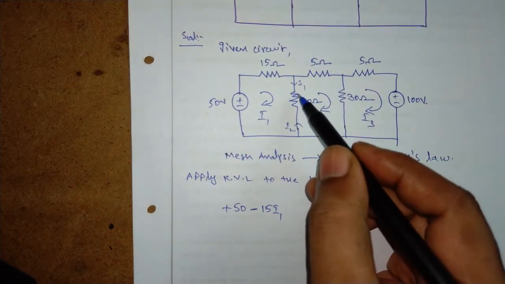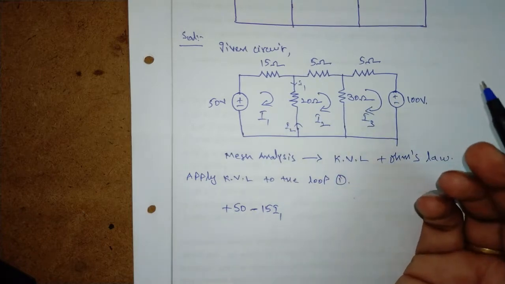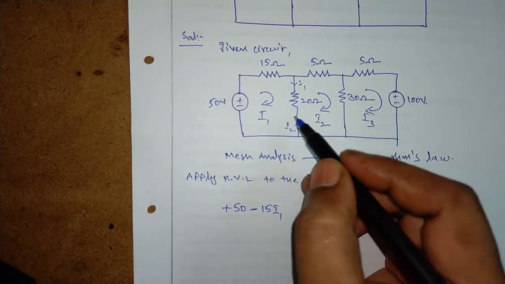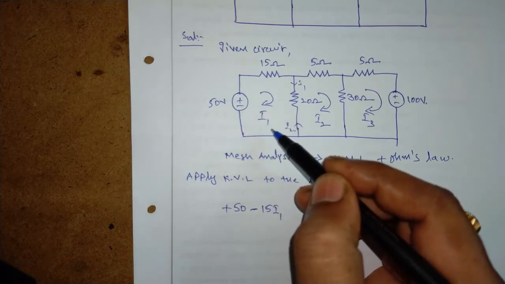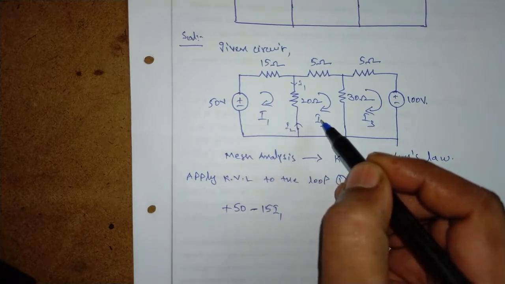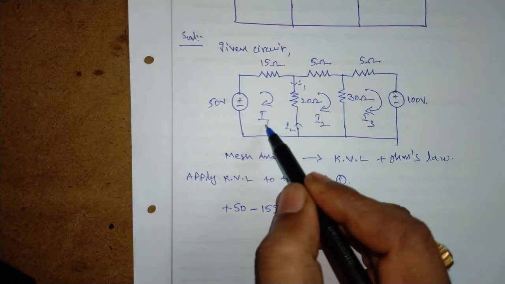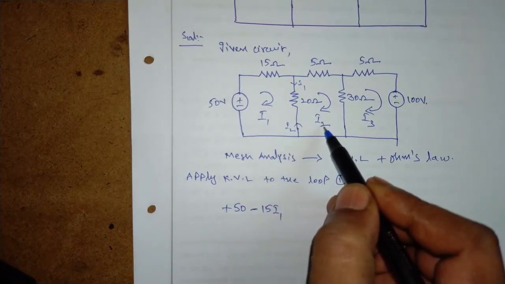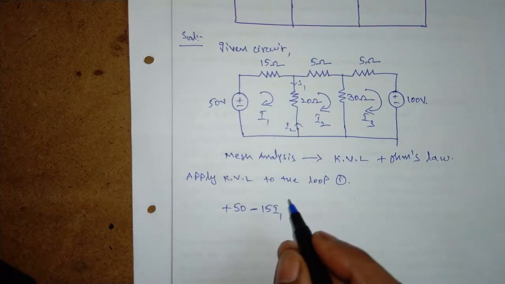Then the resultant current passing through this 20 ohms resistance is nothing but the difference. But here we write the equation for the first loop. So we consider the first loop current is greater than all other loop currents. Here I1 is greater than I2 while writing the equation for loop 1.